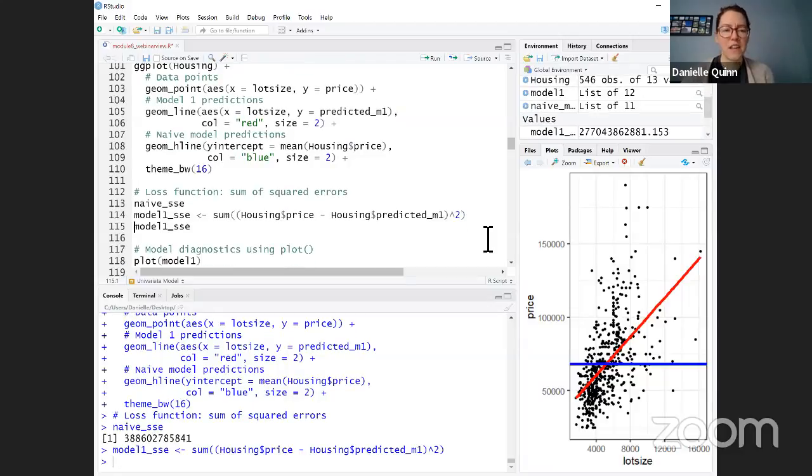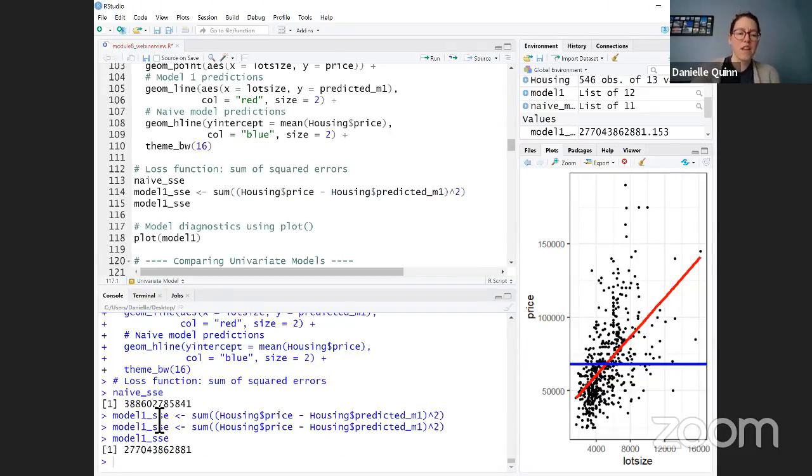And if we calculate the sum of squared residuals for model 1, so again, this is one of the ways that we can pull out our residuals, we can see that this number is much lower. It's still huge, but it is much lower. Okay, and if you wanted to look at that residuals versus fitted, you could do that using plot. I'm not going to run that again.